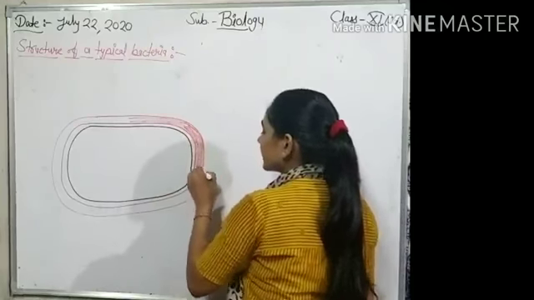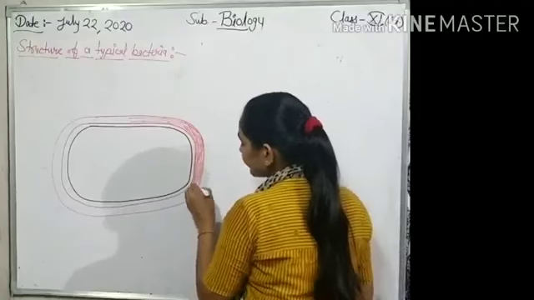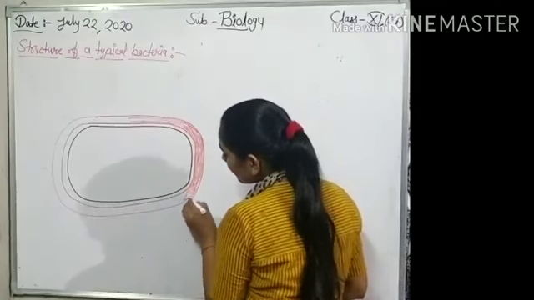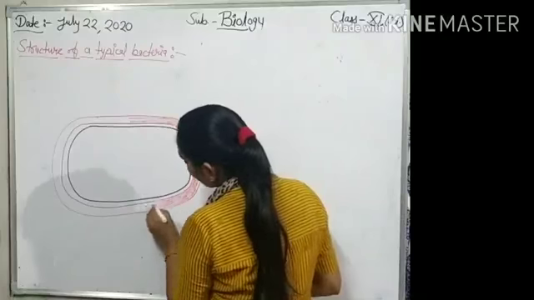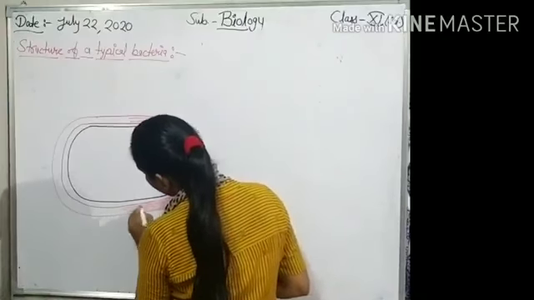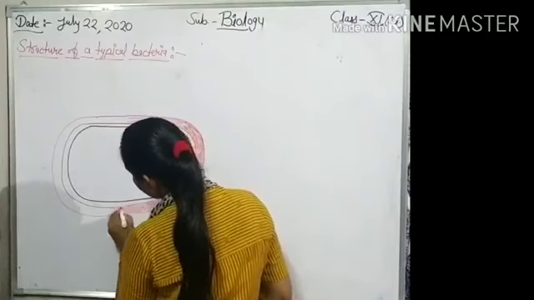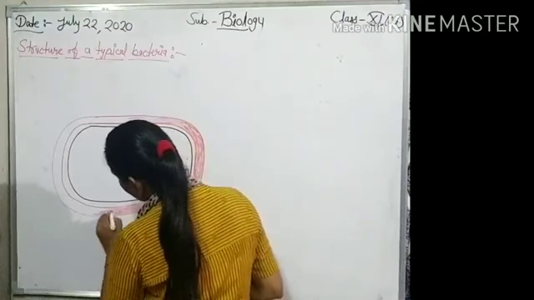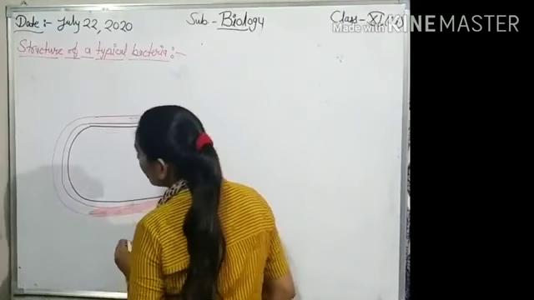The thick layer surrounding the cell membrane is known as the cell wall. It is a rigid, non-elastic and protective layer.